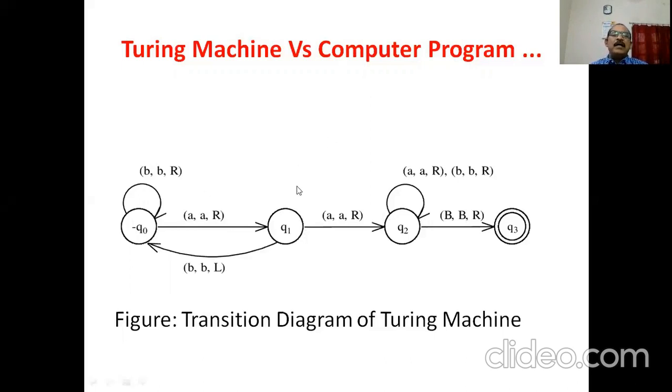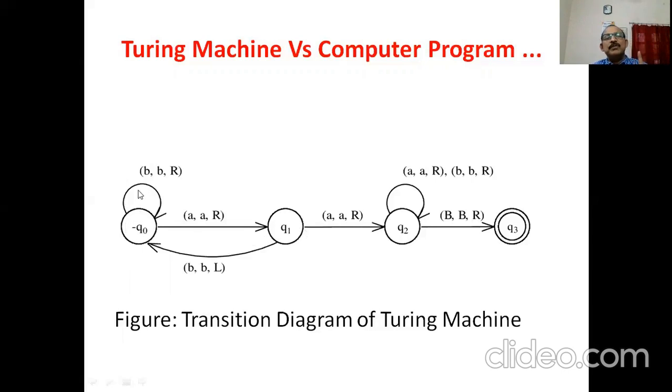Now, let us see what will happen if the word is BA. What is the word? The word is BA. Now, the word BA is fed into this machine. What will happen? The machine is in initial state Q0.